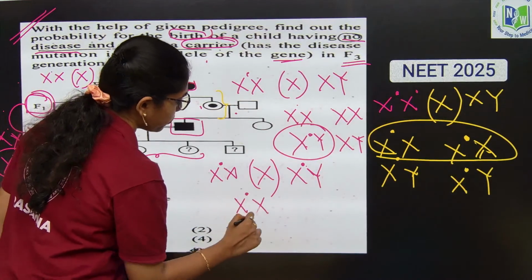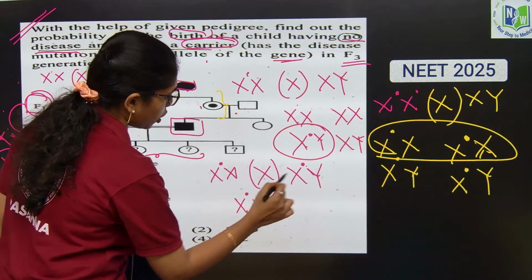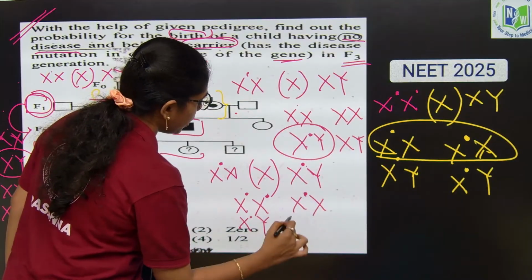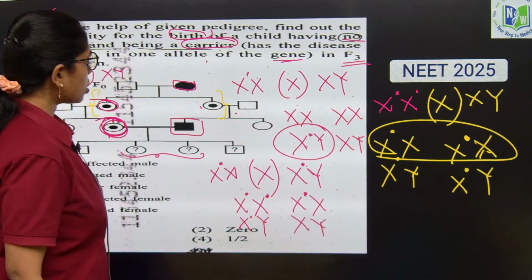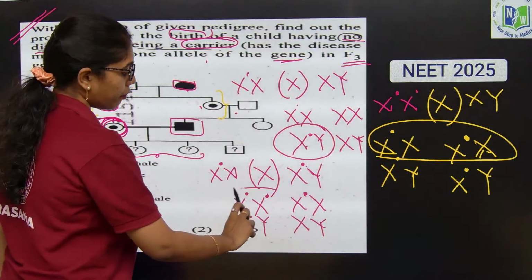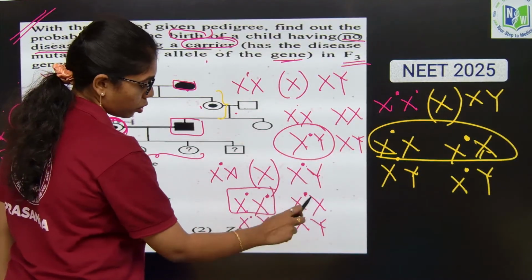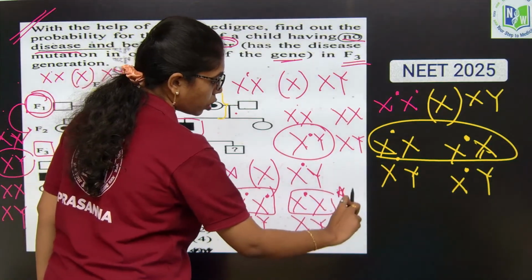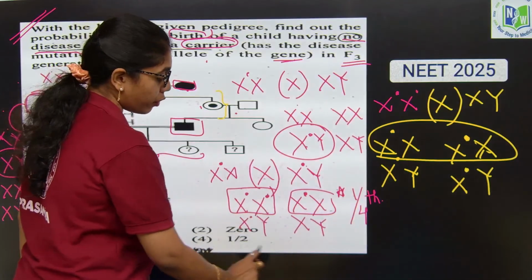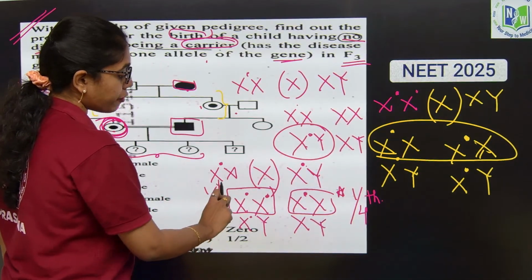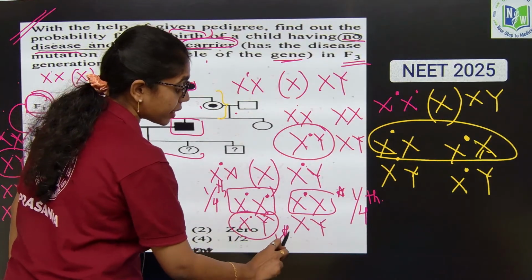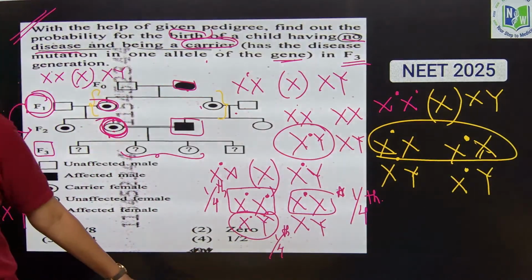First is affected offspring, next affected son, then carrier female, unaffected son. So the same scenario wherein you will get only 1/4 of the total offsprings as carrier females, 1/4 of the total offsprings as affected females, 1/4 of the total offsprings as affected males or affected sons.